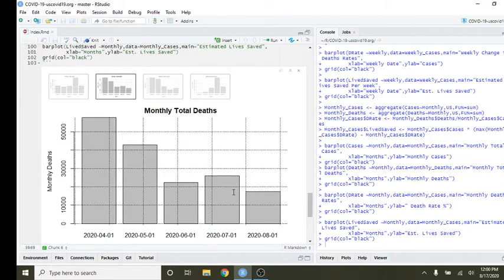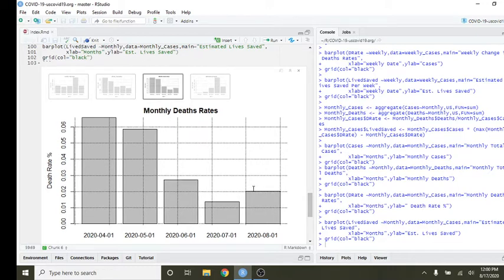Deaths, you can see that the trend is clearly still down. Last week was a little under 2,000, which was less than yesterday.